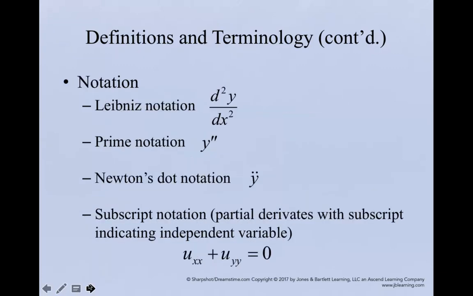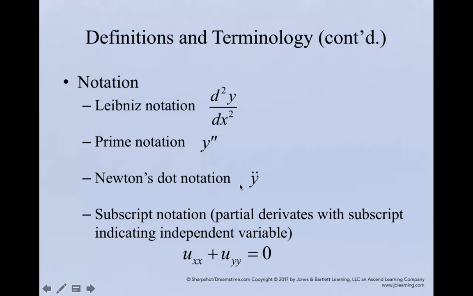All right, there are a number of different types of notation. The ones that you will see the most often are the Leibniz notation, which shows the differential operator d, and the prime notation, which is also not uncommon. We don't see Newton's dot notation very often.